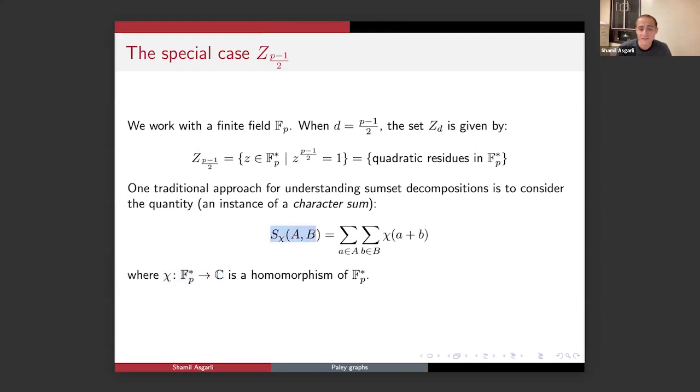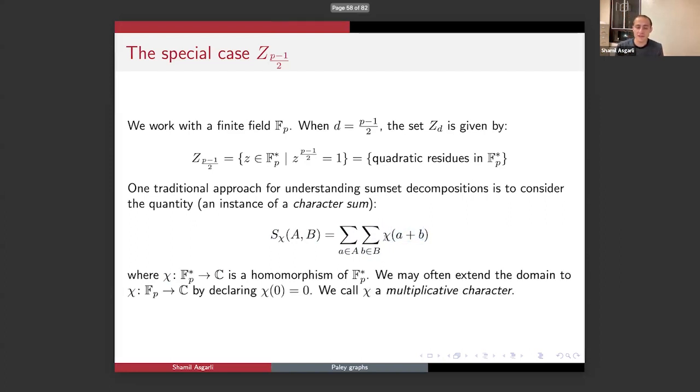The character sum S_chi(A,B) is defined to be a double sum of chi of (a plus b), where a ranges over A and b ranges over B. This is a double sum that goes through every pair (a, b) exactly once and computes the value of the character at a plus b.